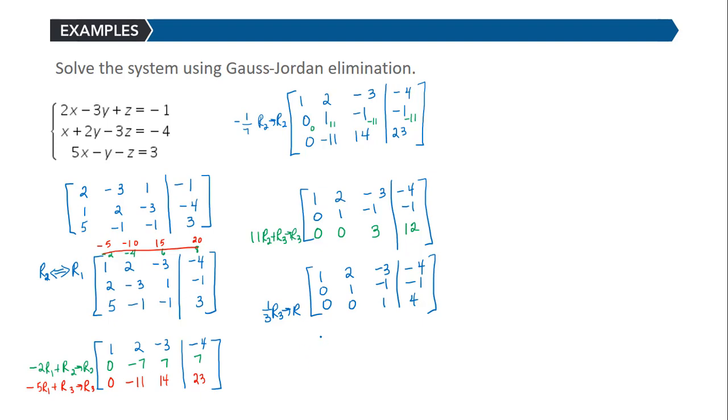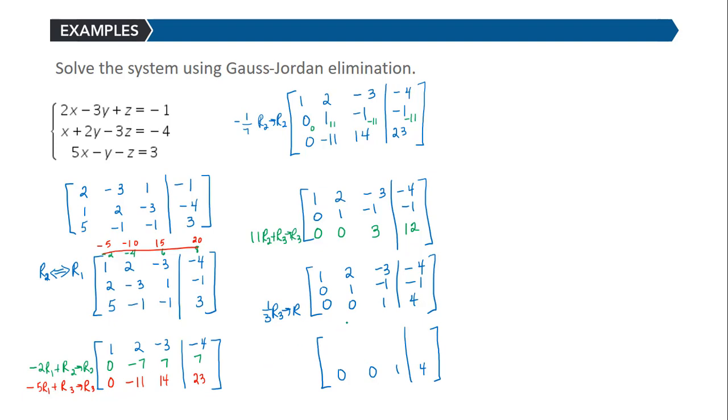So now, my third row is going to stay the same, and I'm going to use it to get 0's above. So I'm going to get a 1 in this second row, third column.